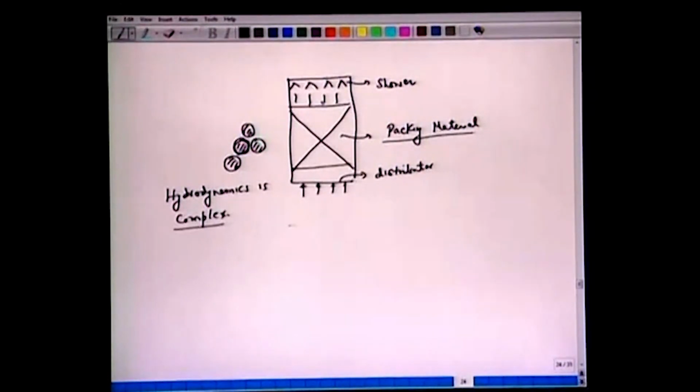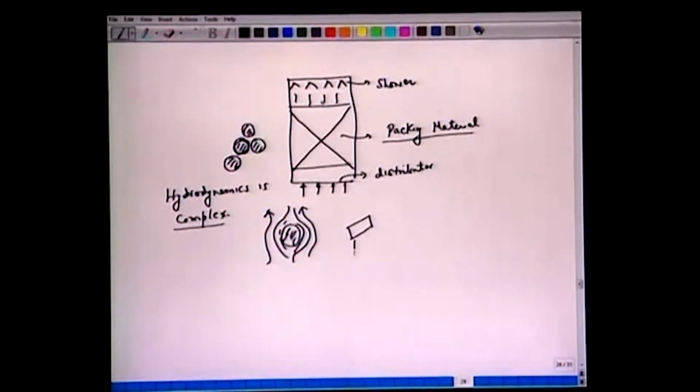All right, you do not have a situation like this where you just have one sphere and water forms a regular film here, and the gas goes past the film on the packing. Generally all this is very complex dynamics.